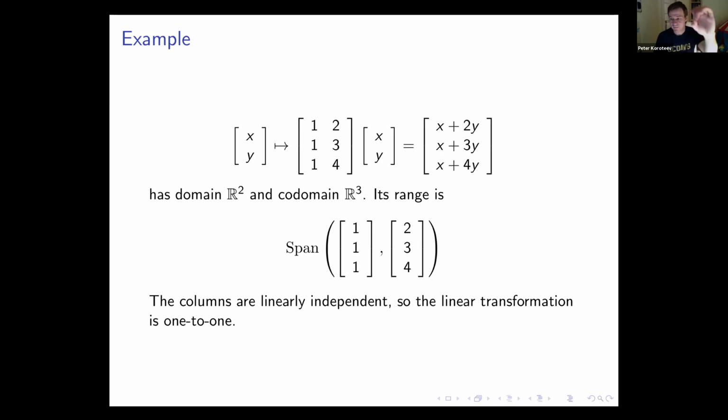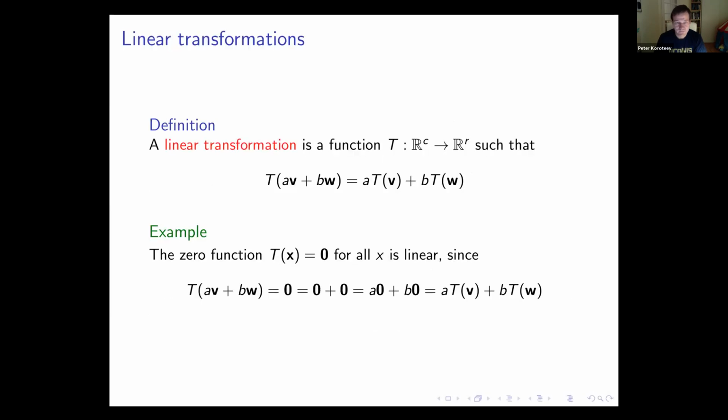It maps every point on one plane to every point on the other plane. But it's not onto, right? Because the columns clearly do not span R3. To span R3, you need at least 3 columns. Good.